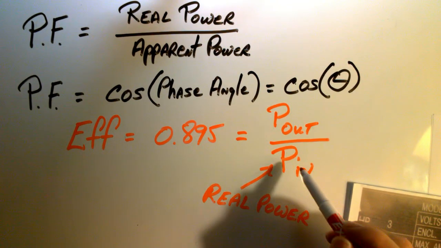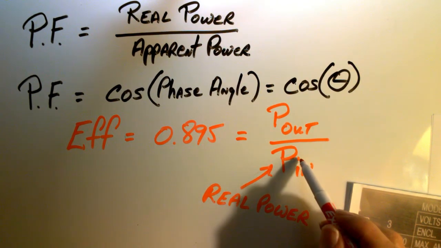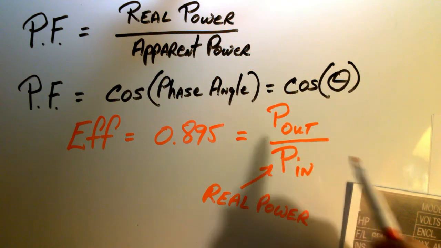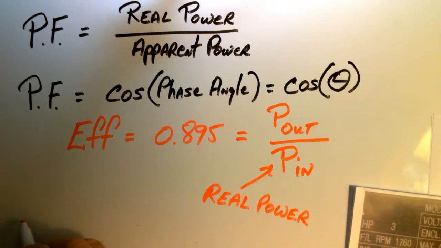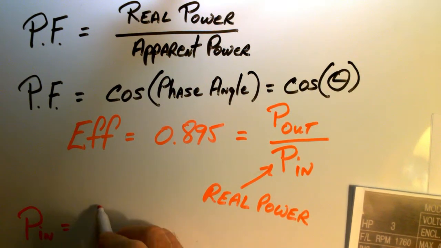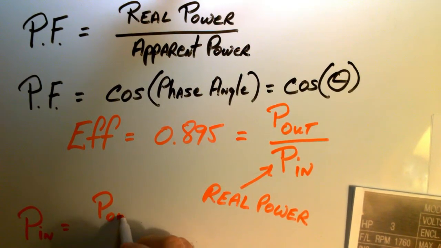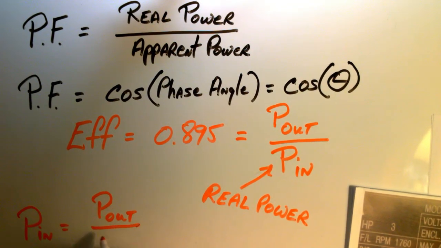So that's what we want to determine. So what I can do is rearrange my equation, and I can say that power in, and that is my real power we're talking about, is equal to the power out, that's the shaft power, divided by the efficiency.